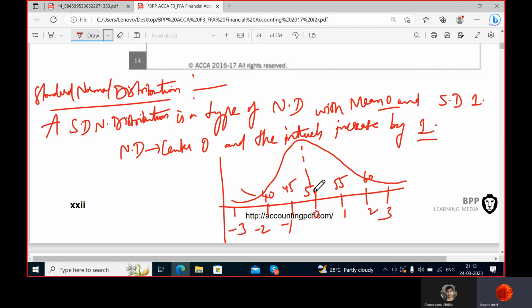I standardized it by denoting 50 as 0. My mean was 50, but now I'm representing it with this term. Here you see the difference of 5, so every 5 units here means 1 standard deviation there, correct? So I can make things simpler and find the answer to my questions. This is the way you do it, you're just scaling.